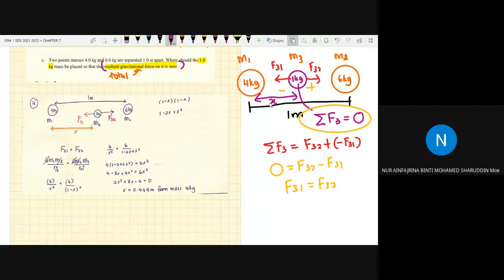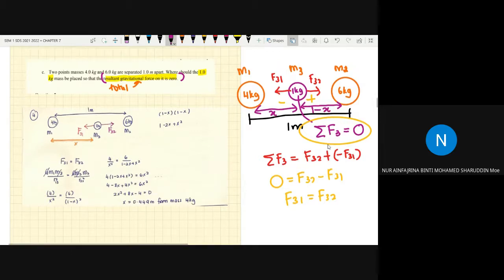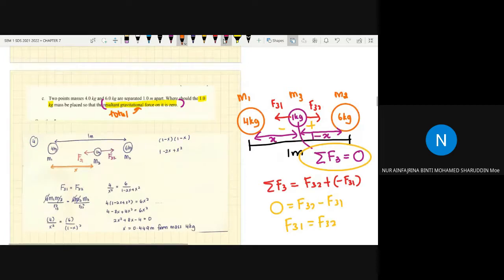Contohnya kalau X Miss daripada 4 kg ke 1 kg adalah X, manakala distance Miss daripada 1 kg ke 6 kg adalah 1 minus X. Ataupun awak nak daripada 6 kg jadi X awak, jadi daripada 4 kg ke 1 kg dia akan jadi 1 minus X. So awak boleh pilih awak nak yang mana.